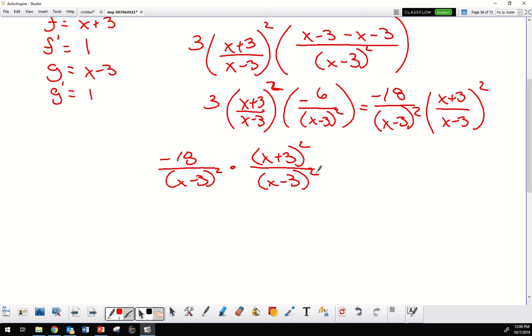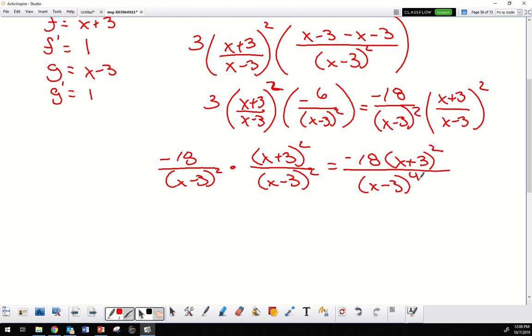Then it's going to be a total of negative 18 times x plus 3 squared over x minus 3 to the 4th power. There's another variation. All these are right. This is right, and this is right.